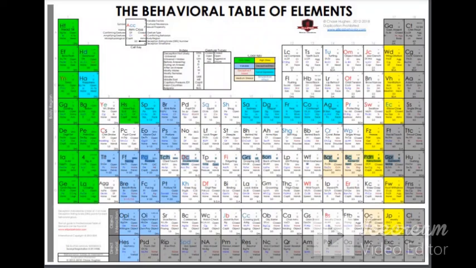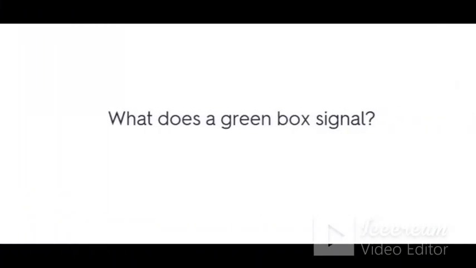In addition to that, there's a set of flashcards that I've incorporated here, to become more familiar and more instinctive. All right, first flashcard. What does a green box signal?